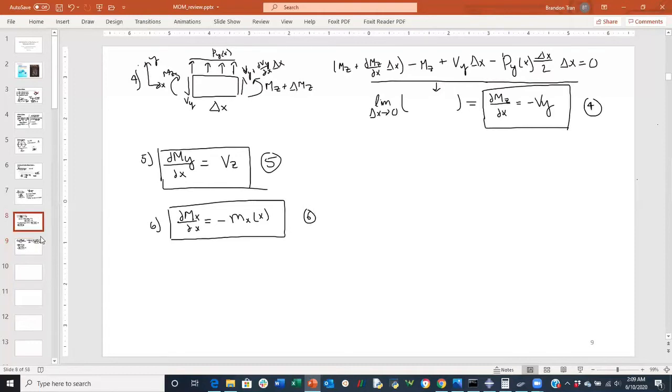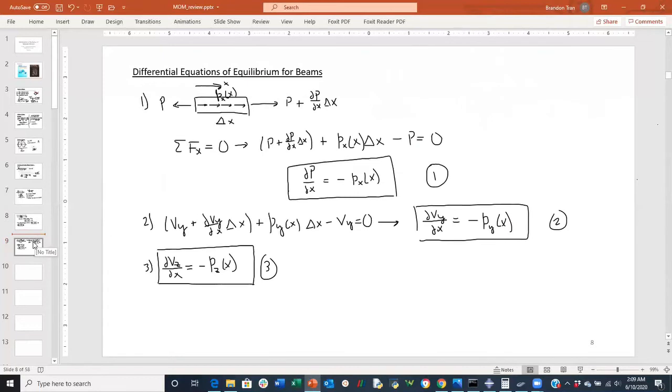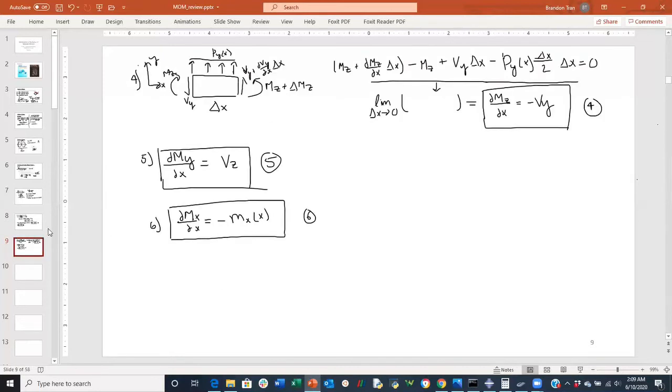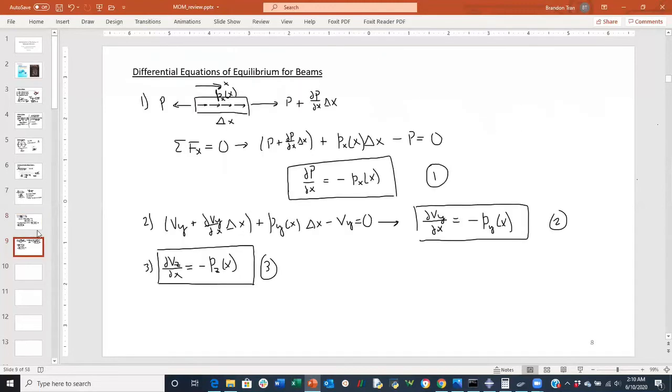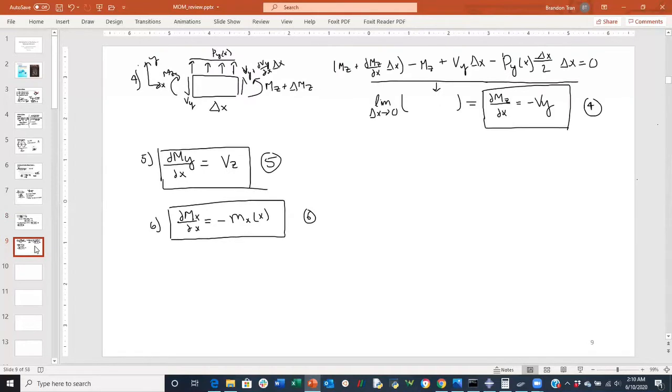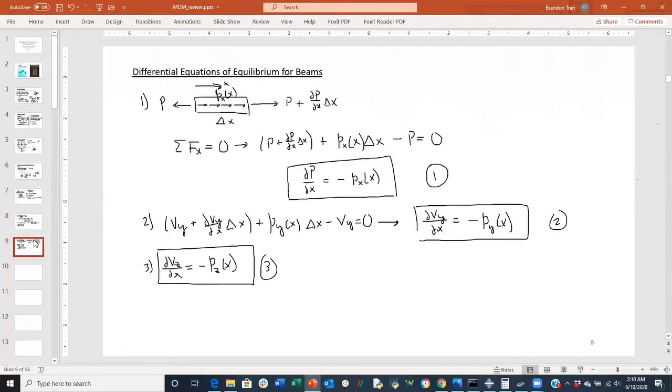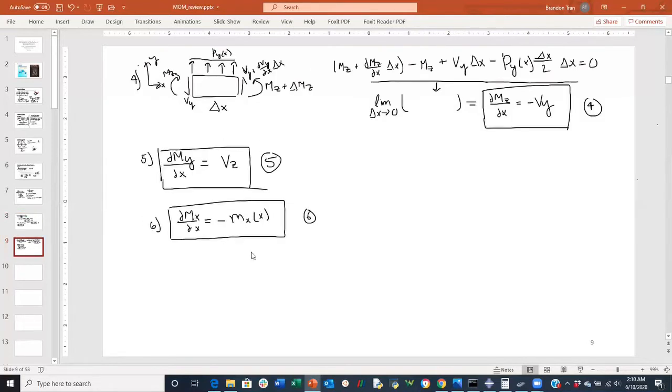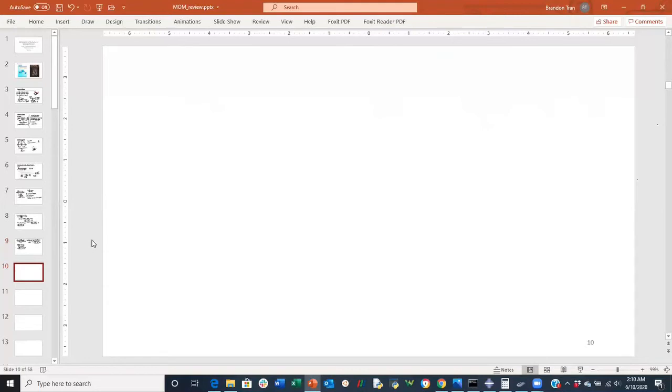We have 6 equations of equilibrium, or 6 essential differential equations that describe the loading state of a beam. These are really useful, and you'll see in later parts of this derivation how they can come in handy. So the next thing we need to talk about is the kinematics of a beam.